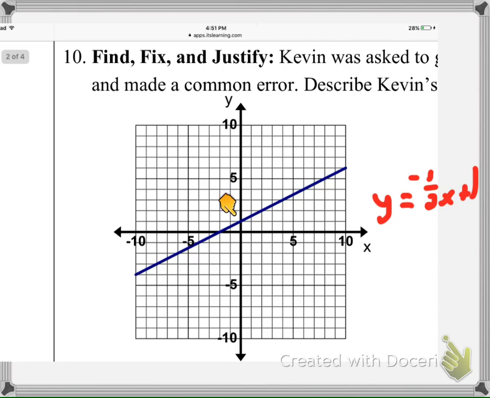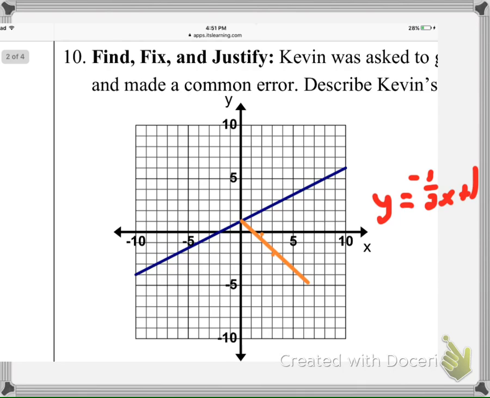You can see he put the y-intercept on first, and then he went up 1 and to the right 2. But this says to go down 1 and to the right 2. So instead of here, you should have gone down 1 and to the right 2. So you should have put a point here, and we could put a point here, and then we can draw our line, because it did say that you have to fix it, so be sure you fix it.